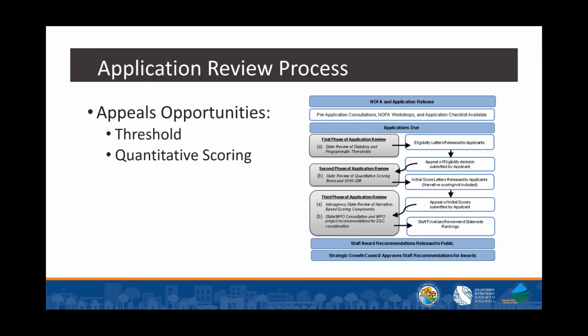And additionally, during this phase, staff will be going through the process of ensuring the financial feasibility of each project as well. Once all of that is completed, staff will start finalizing the rankings and binning and ultimately each project's final score. Then staff will use those scores to determine their initial staff recommendations for award.